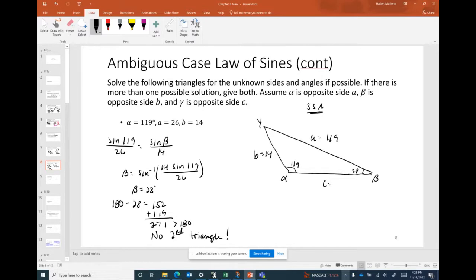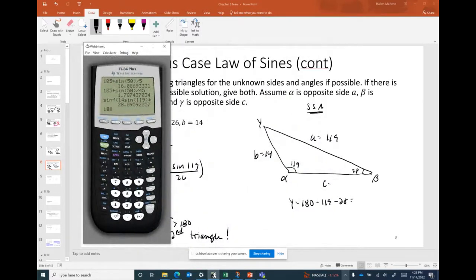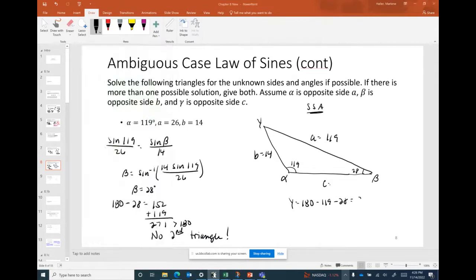Since there's no second triangle, I don't have to worry about beta sub 1, beta sub 2. I just need to find gamma and C. Gamma is 180 minus 119 minus 28. That's 33 degrees. For C, I have to use a ratio.